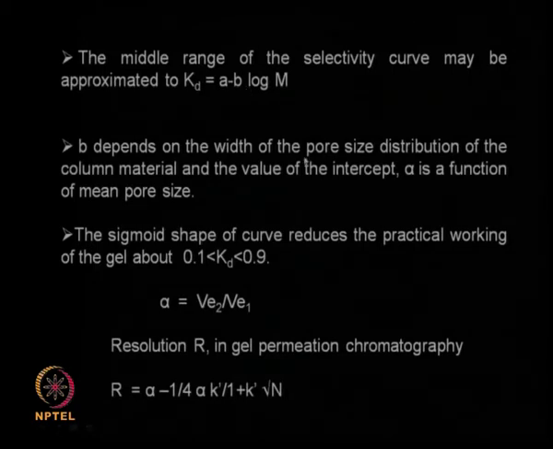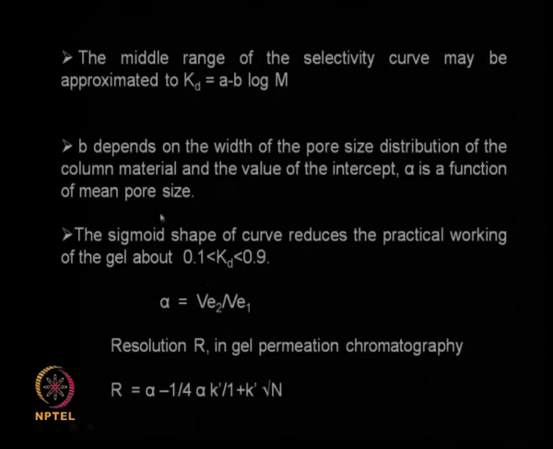Now b depends on the width of the pore size distribution of the column material, and the value of the intercept alpha is a function of the mean pore size, okay.